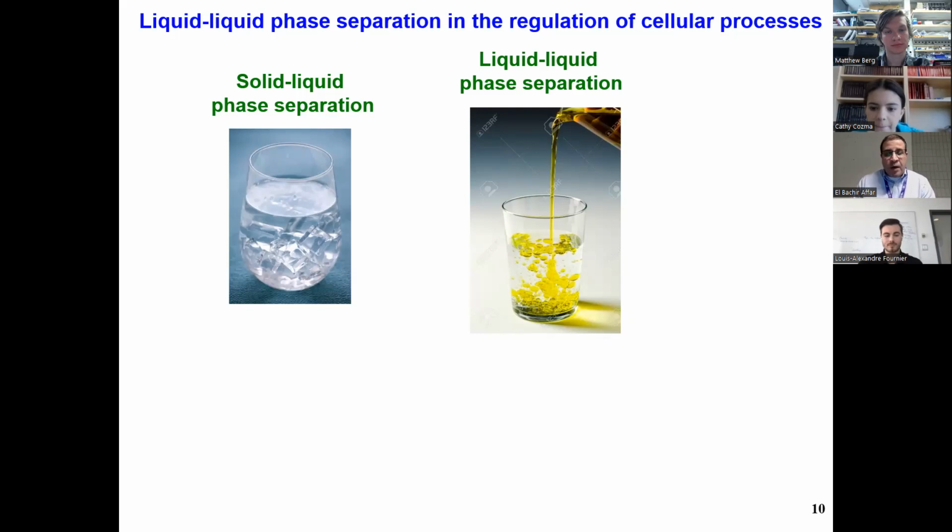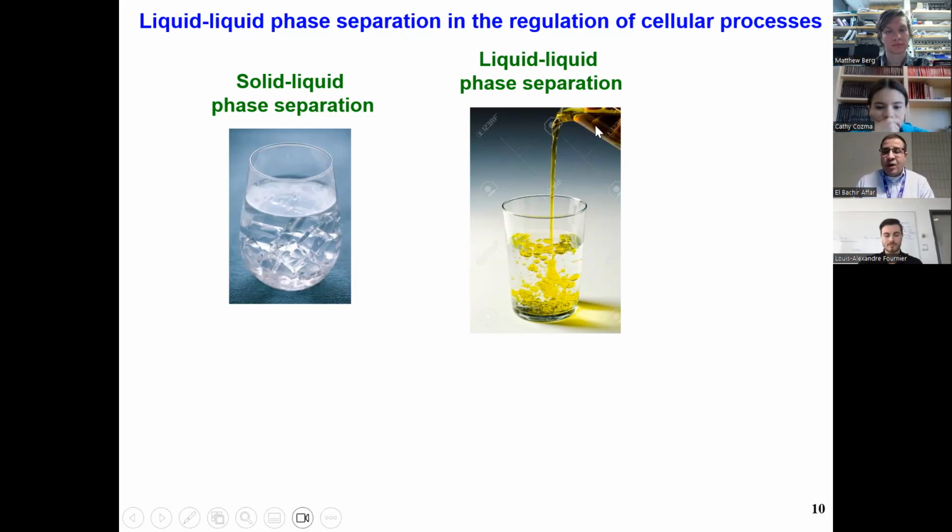So the way to think, or at least my way of thinking about this liquid phase separation and why it can be important for cellular processes, I will give you an example. For example, with water, solid water, ice. When we put ice in water, we can say that we have here a solid-liquid phase separation. We have two phases, one solid, one liquid, and basically there is no mixing. So the ice has to melt to have that eventual mixing.